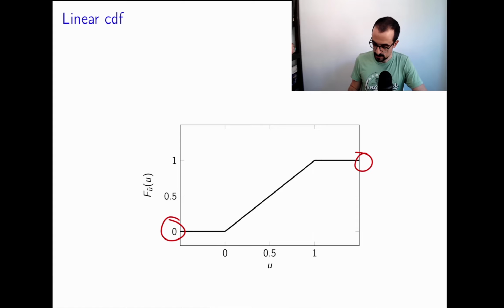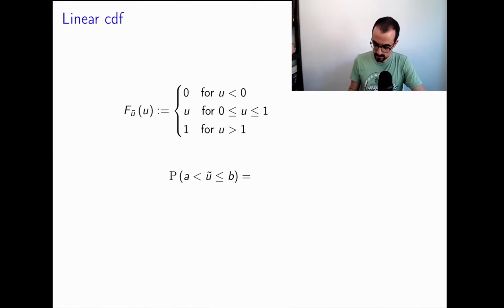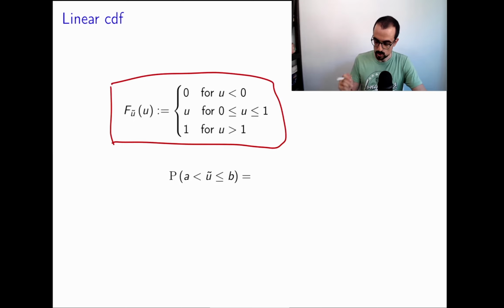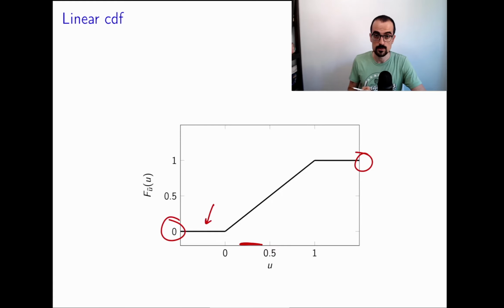So now let's take a look at what the probability is that the random variable is in some interval here. What's the probability that the random variable is below 0? If you want the probability of any interval below 0 and the CDF has the same values, you're going to subtract those values, so that probability is going to be 0.